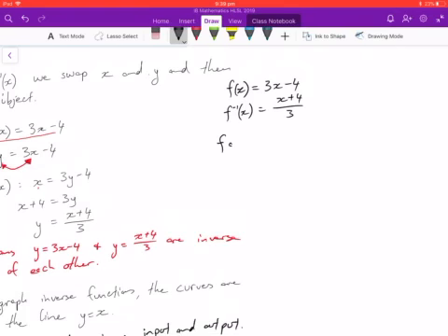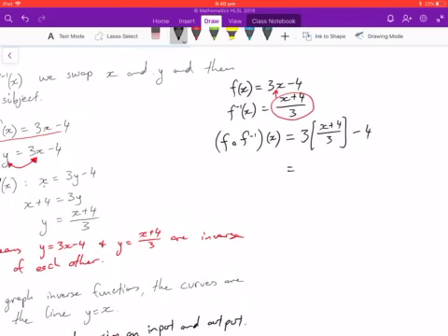Now, the composite function, f composite f inverse of x, we take the f inverse, this guy here, and we pop it in for x and see what we get out. Equals 3 times x plus 4 on 3, minus 4. The 3 outside and the denominator 3, they divide out. So I'm just going to be left with x plus 4 minus 4, and that surprisingly is equal to x. So that's the first part satisfied.